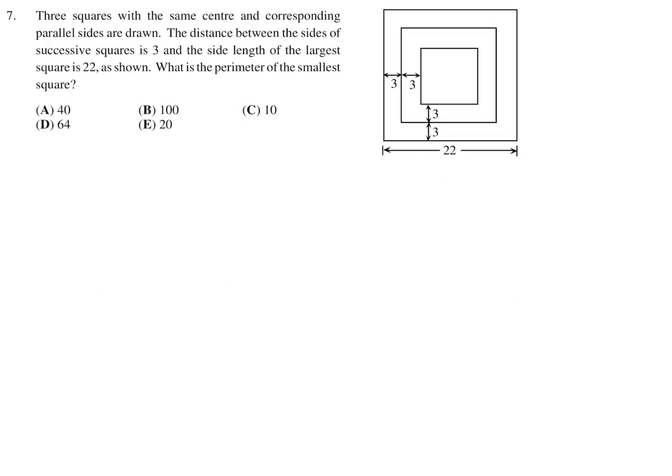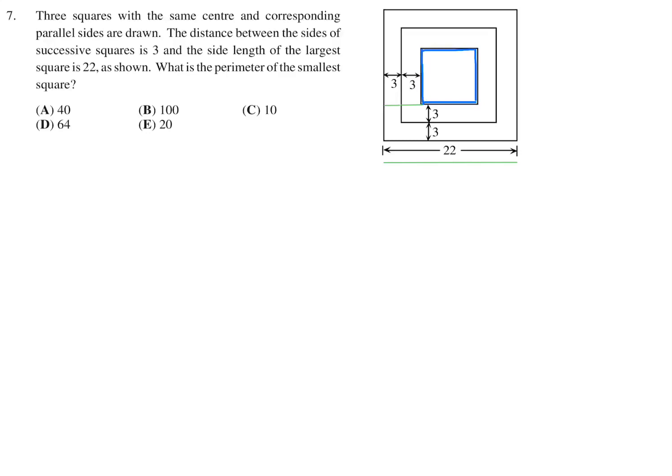3 squares with the same center and corresponding parallel sides are drawn. The distance between the sides of successive squares is 3, and the side length of the largest square is 22, as shown. What is the perimeter of the smallest square? So they want you to figure out that perimeter right there. Okay, let's go through this. The full length of the big square is 22, and then they've given you the distances from here and here. That's 3.